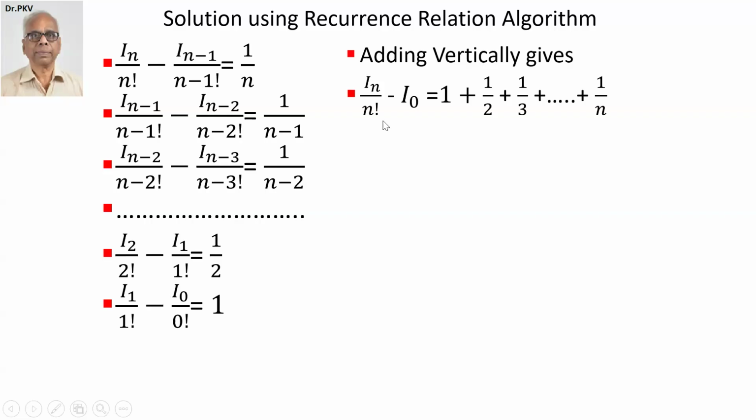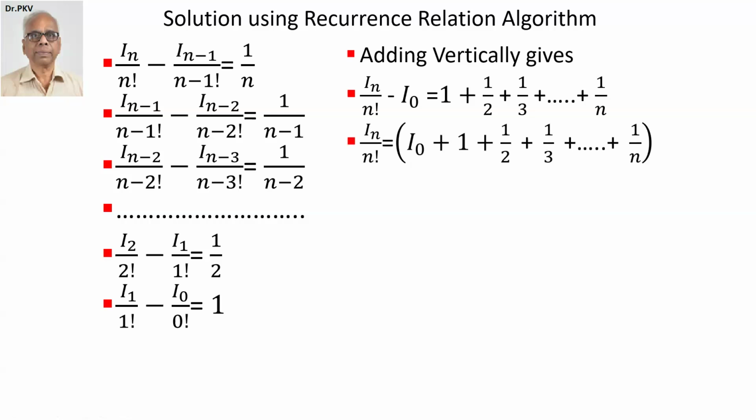I_n divided by factorial n minus I_0 is equal to 1 plus half plus 1/3, etcetera, plus 1 upon n. I just write it in the reverse order. Therefore, I_n by factorial n is equal to, with I_0 taken to the right-hand side, I_0 plus 1 plus half plus 1/3, etcetera, plus 1 upon n.